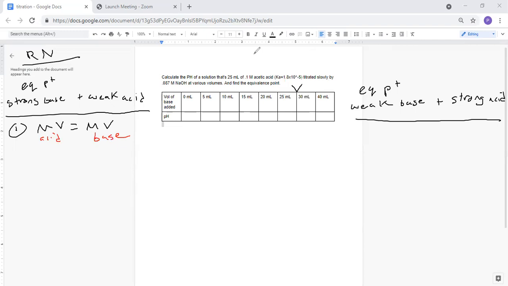And you do the same for the first step on the other one as well: MV equals MV. But the difference is that in this one, we were looking for the volume of base added, but in this one, we're going to be adding strong acid. So we're going to look for the volume of strong acid added.